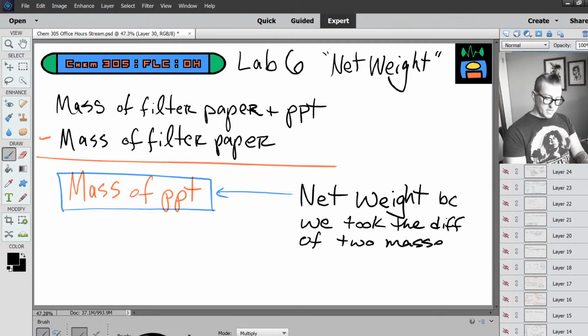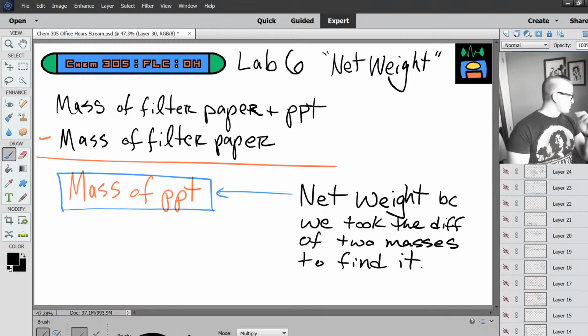One subtracted from the other. All right, so that's just what they're talking about when they talk about the net weight of silver chloride precipitate.